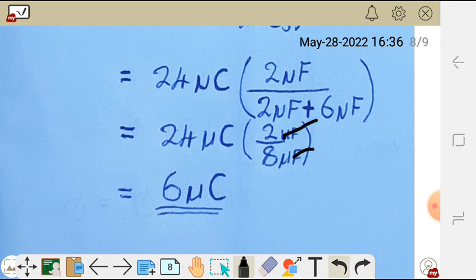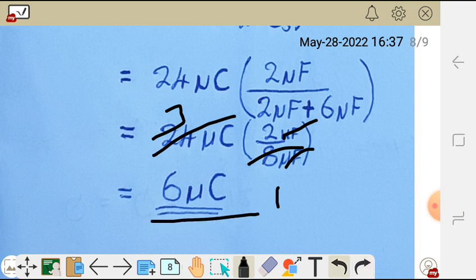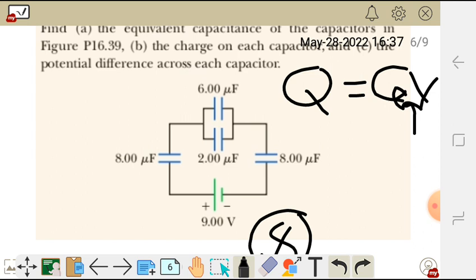These units cancel and we remain with microcoulombs. Then 8 into 24 is 3, so 3 times 2 is 6. So this will be 6 microcoulombs for these 2 here.